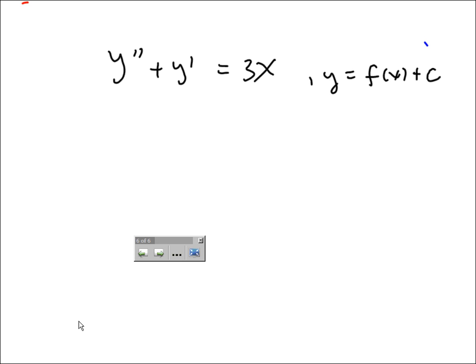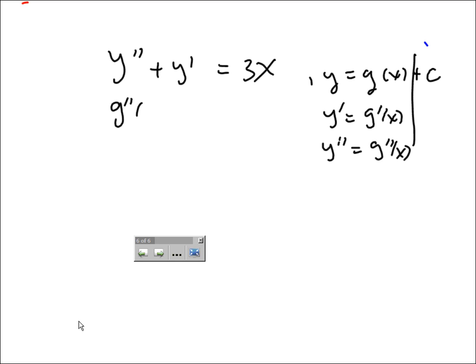In other words, if you have y double prime plus y prime equal to 3x, and I tell you that some function of x works, call it g of x, then y prime will be g prime of x and y double prime will be g double prime of x.